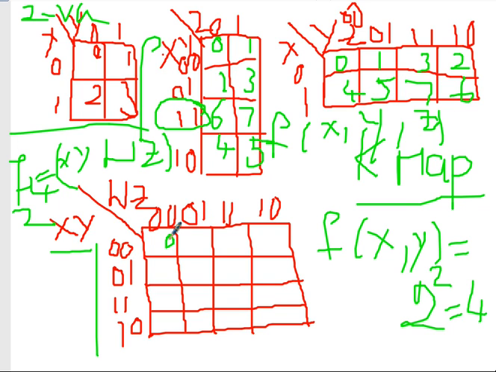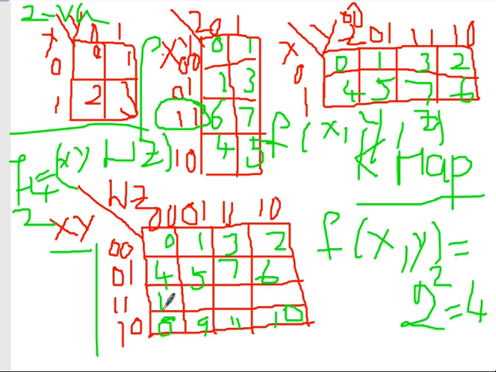This is 0, this is 1, 2, 3, this is 4, this is 5, this will be 6, this will be 7, and here 8, 9, 10 and 11.